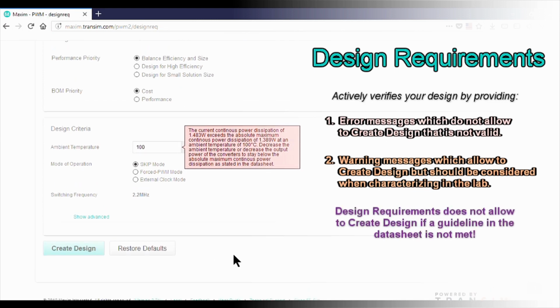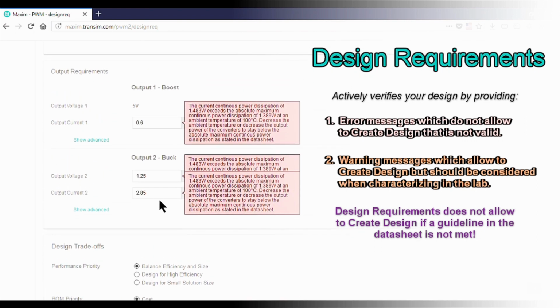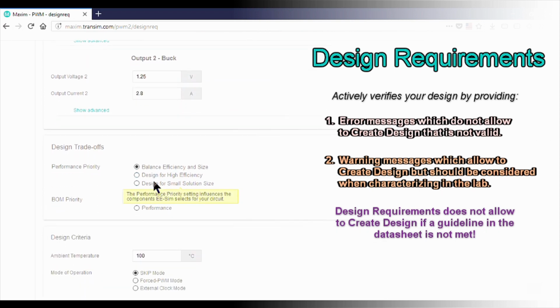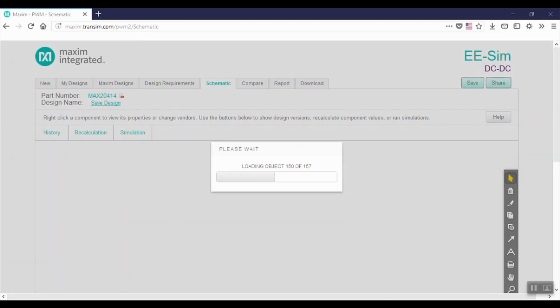Every text field on the Design Requirements tab will display an error or a warning message if the requirement is beyond the part's capabilities. The message includes an explanation of the error or warning message and may also include a way to resolve it. In order to create a design, all error messages must be resolved.